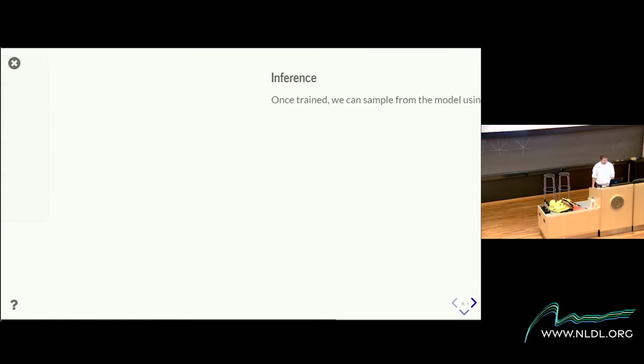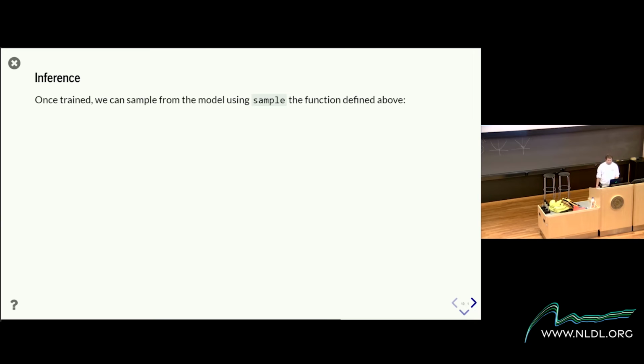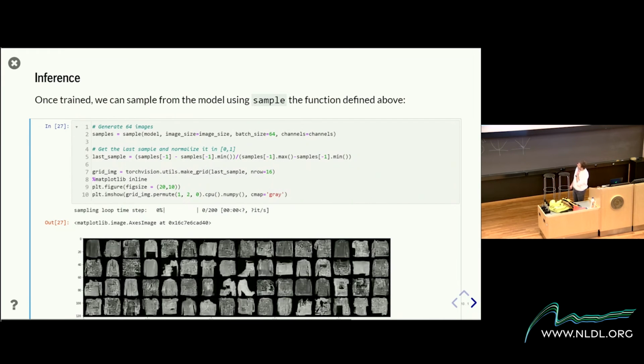Once we are done with training, we can generate our samples using the function we defined before. Here I'm generating 64 images at a time, and you see that after only 10 epochs of training, we already start to see something. We start to see some shoes, something that resembles a t-shirt, a jacket, and so on.